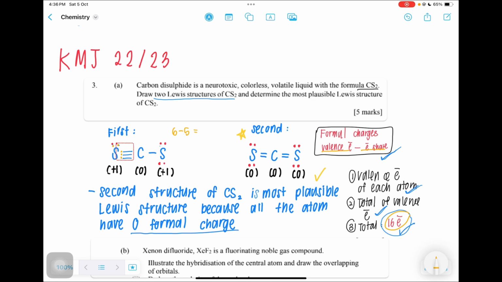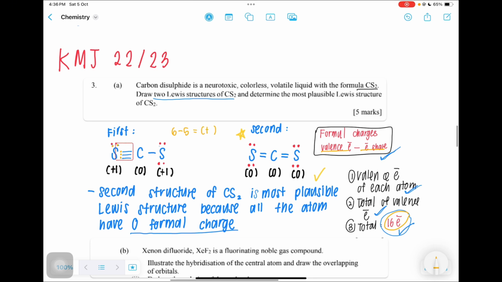So it will get positive 1. And carbon has 4 valence electrons. We will minus 4. Why 4? Because 1, 2, 3, and 4, so it goes to 0. And the second S atom will get the same, which is positive 1.